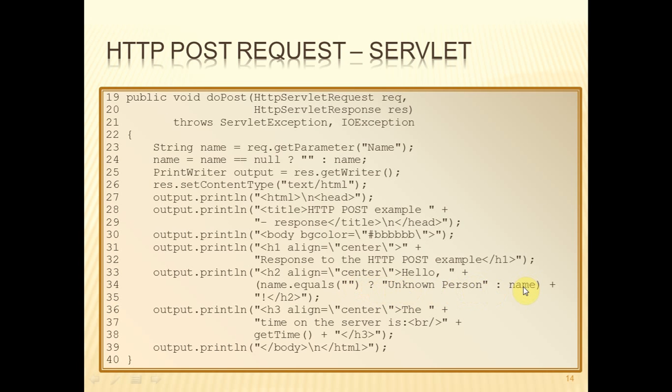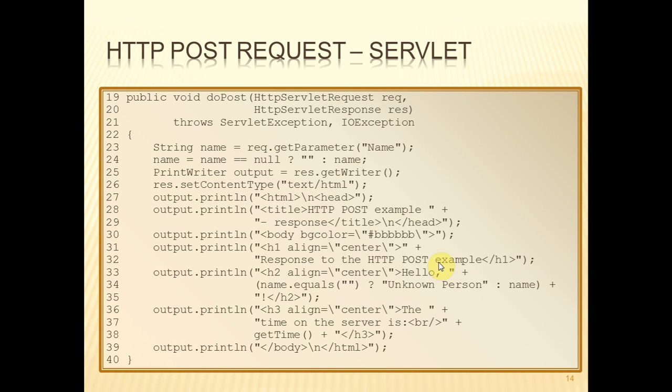Otherwise, whatever the user typed, which is now stored in the variable name, is going to be concatenated to what comes before. So we'll either have hello unknown person, if the user typed nothing, or we'll have hello followed by whatever the user typed.